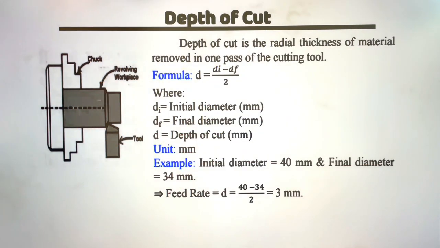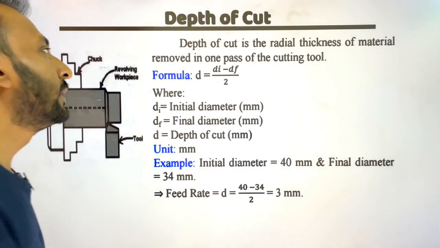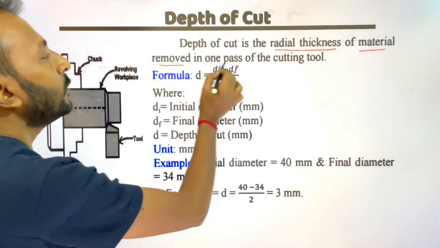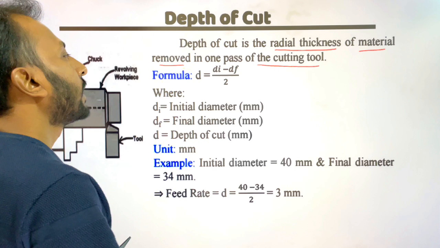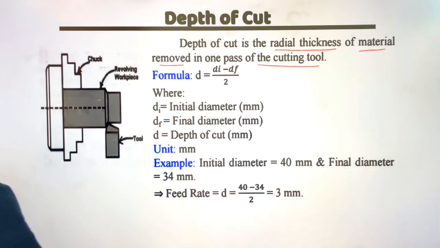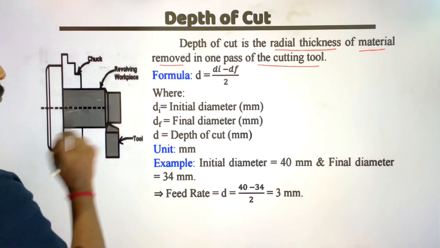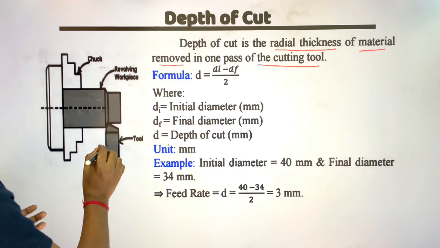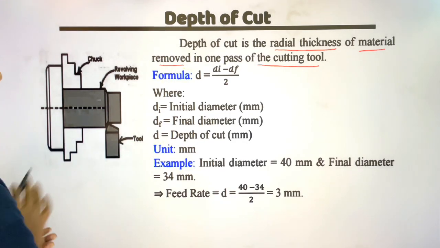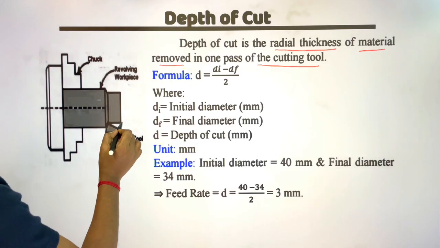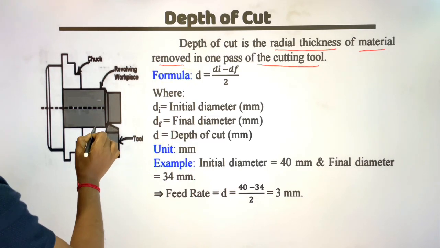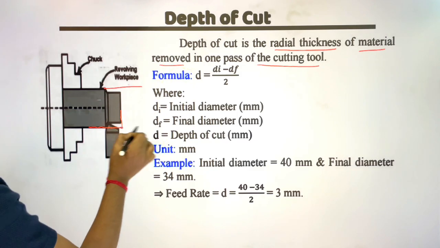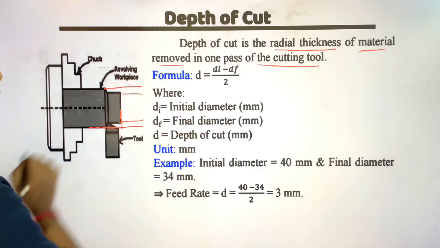Let's now see the depth of cut. What is depth of cut? Depth of cut is the radial thickness of material removed in one pass of the cutting tool. Suppose this is the workpiece, this is the initial thickness and this is the final thickness after one pass.